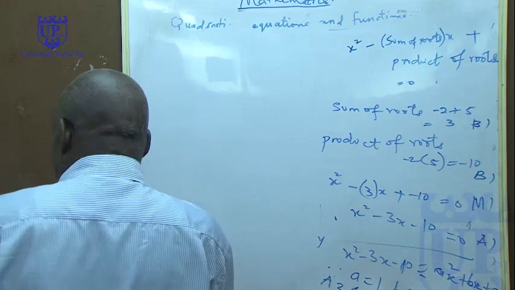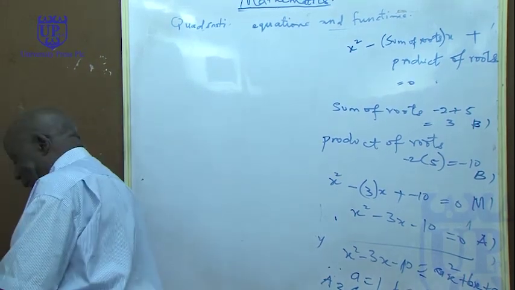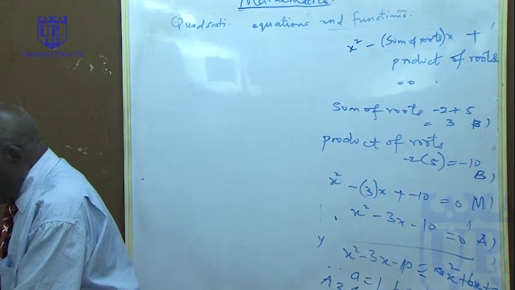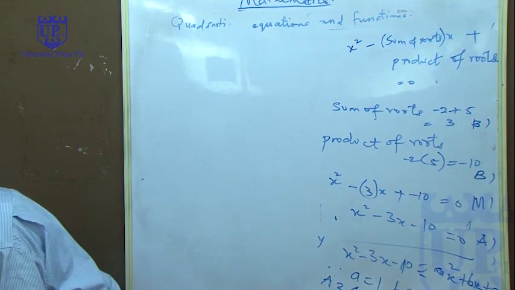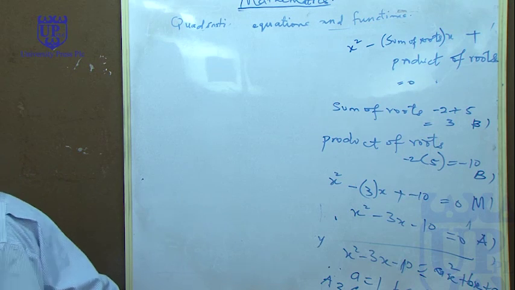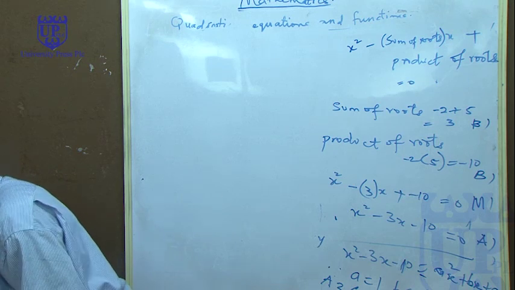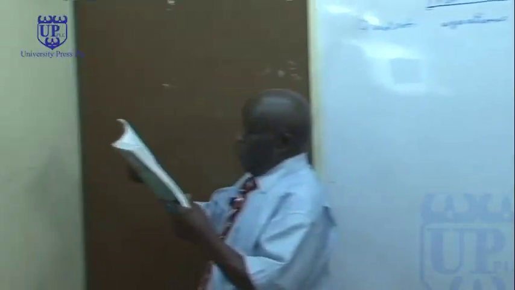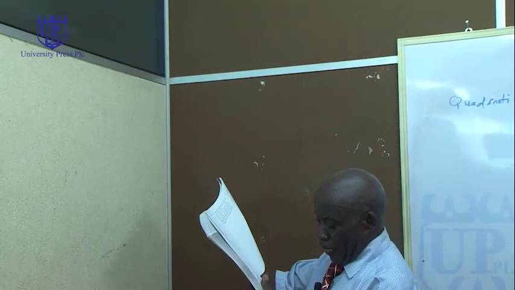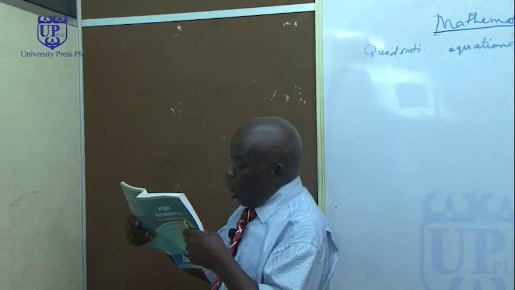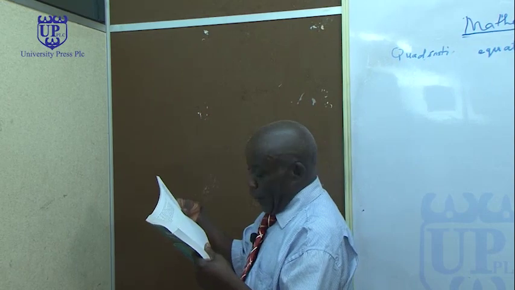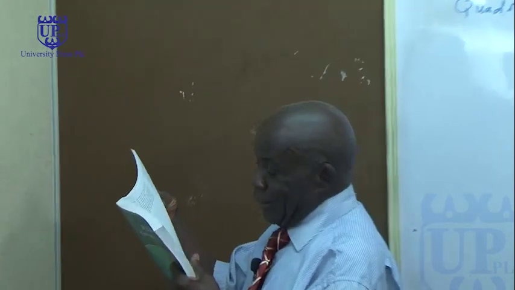Now, I have one very interesting question here, which I want us to look at. It is a question in this book. Please, I want you to go and get it. This is WAEC questions, 1 year, page 324, number 12A.